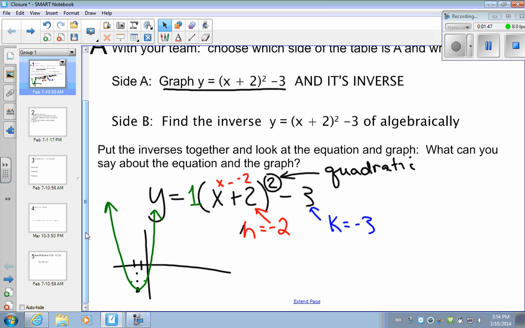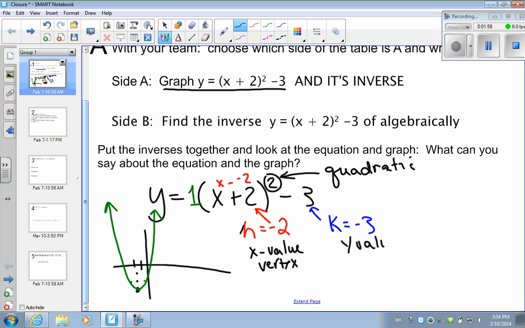Now, if I have to graph its inverse, I think what I would do is just recognize that h is the x value of the vertex, and k is the y value of the vertex, and I know that x and y get flopped. So I would just put my new point. Instead of being the point -2, -3, it's going to be the point -3, -2.